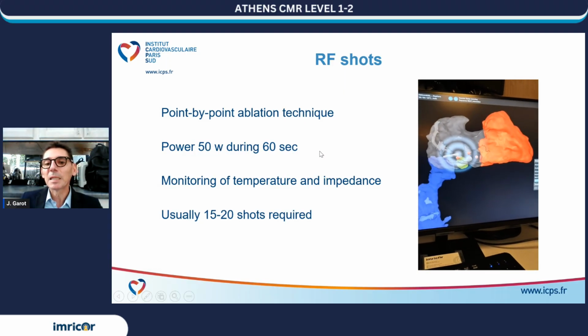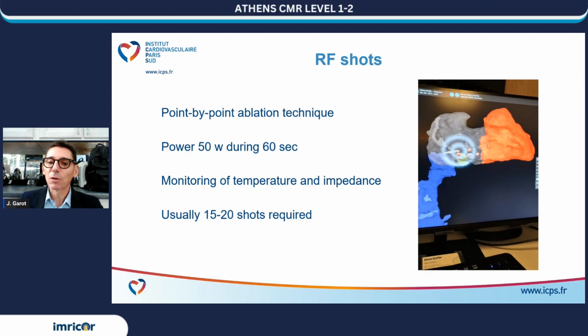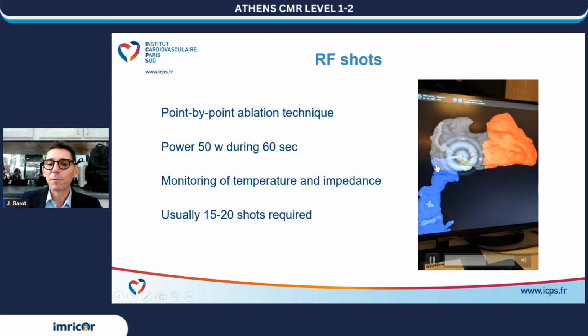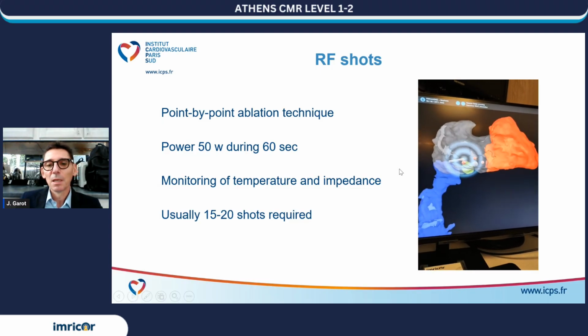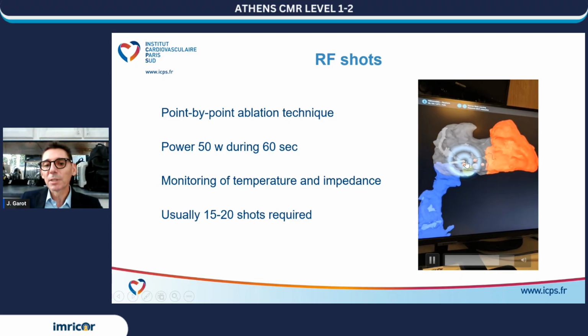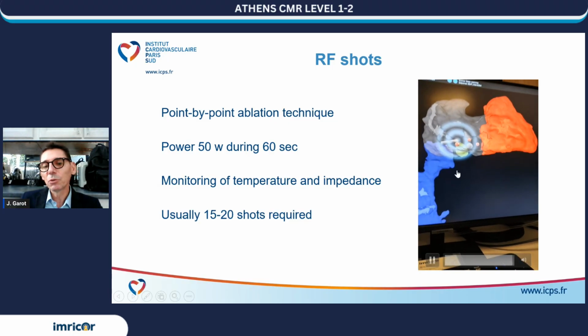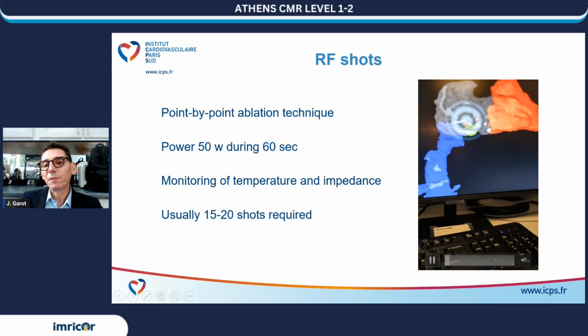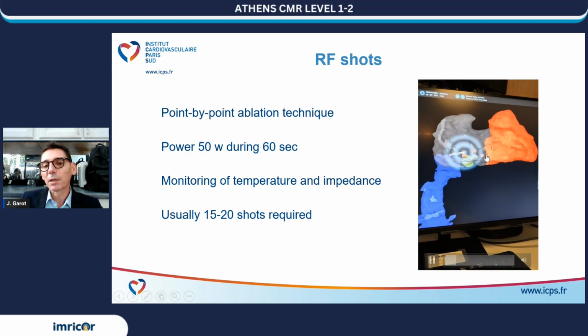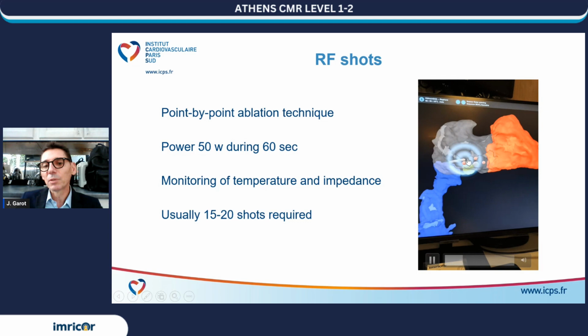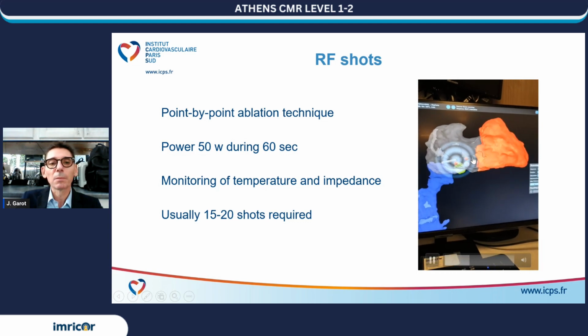So it's a little bit longer and a little bit less convenient than in the cath lab for that reason. At the tip of the catheter, you can monitor the temperature and the impedance, which is something important. And usually between 15 to 20 shots are required to get the bidirectional block.